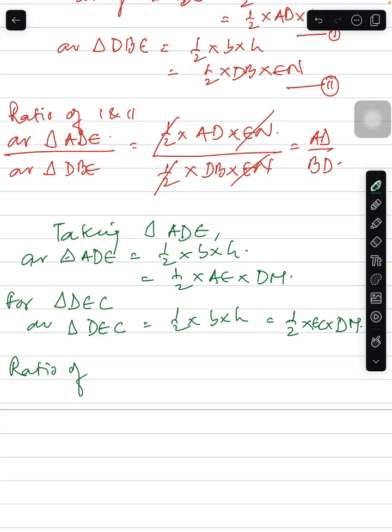Take this as 3 here. This is 4 and this is 5. Ratio of 4 and 5. So what will it be?